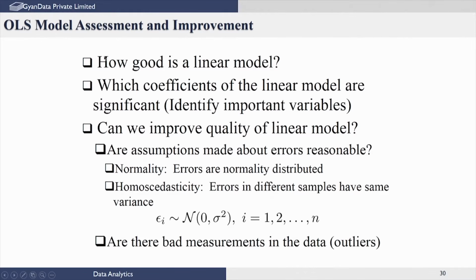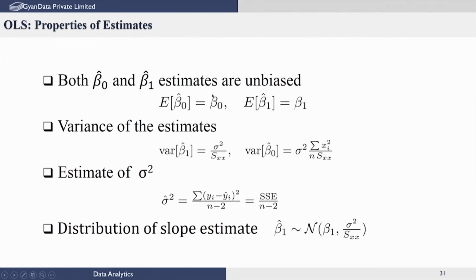And so, we will look at the first two questions in this lecture, which is to assess whether the linear model that we have fitted is good and how do we decide whether the coefficients of the linear model are significant. So, before we start, we need to derive some properties of these estimates that we have derived.